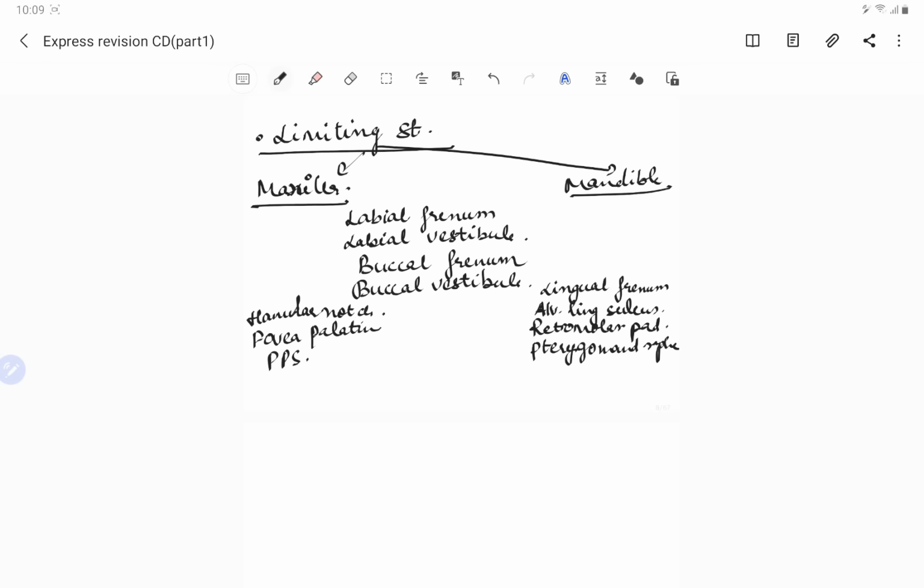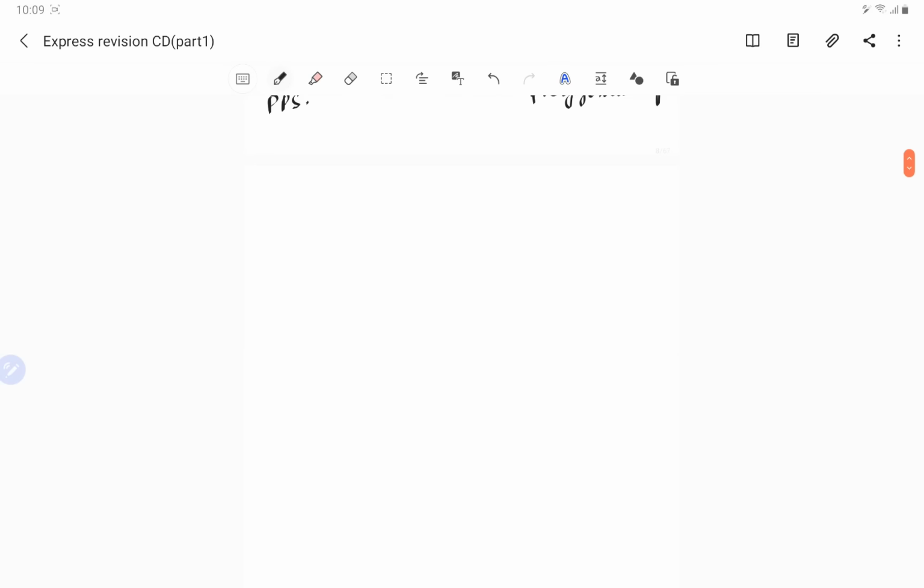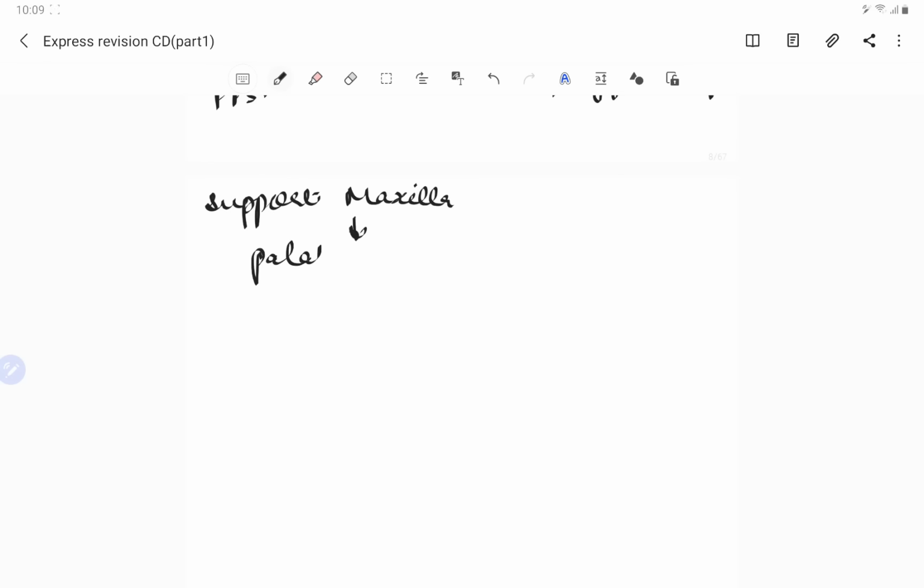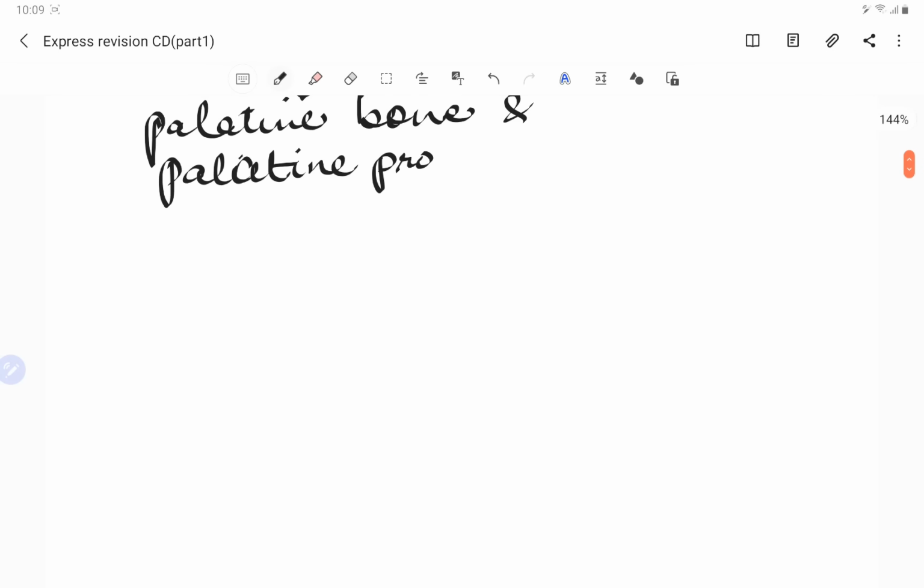So, talking about the maxilla. Now, the ultimate support for maxillary denture is from the palatine bone, which is the palate, and the palatine process of the maxilla, right?